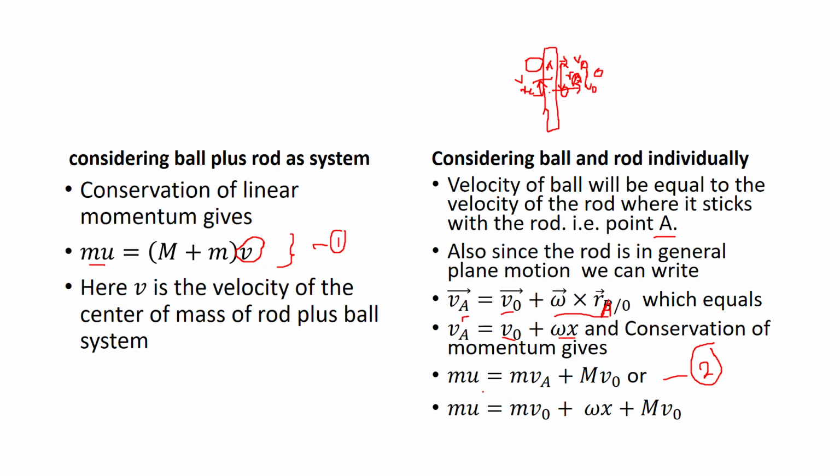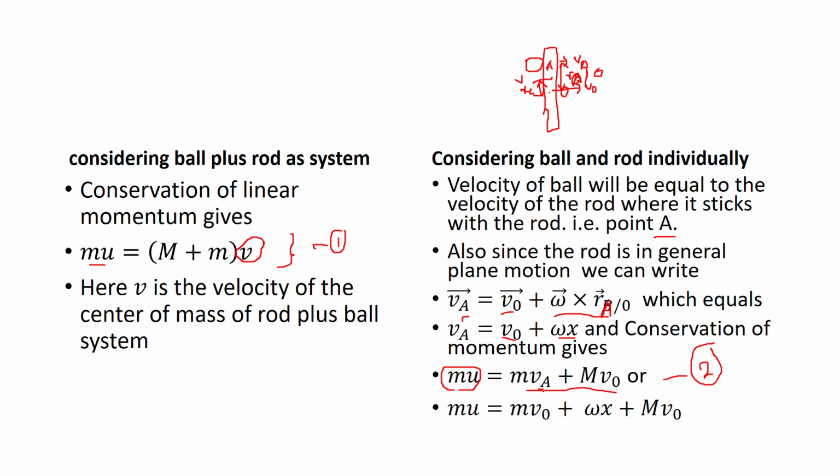This is the linear momentum of the system before impact, because initially the rod was at rest, and this is the linear momentum of the system after impact. After impact, the velocity of the ball will be VA, and the velocity of the rod is V naught, which is the velocity of the center of the rod. So we can write it as MVA plus MV naught.